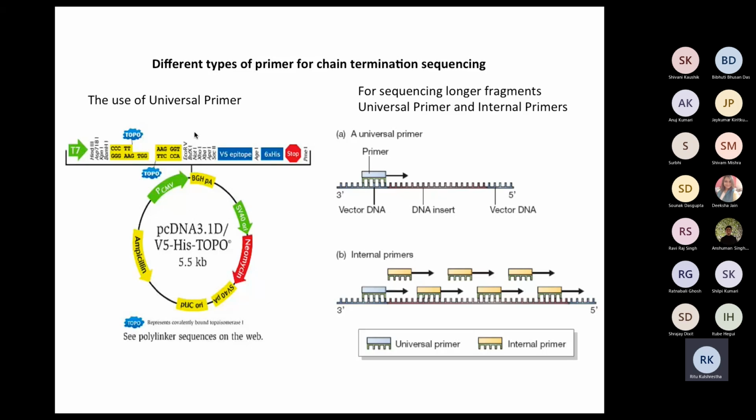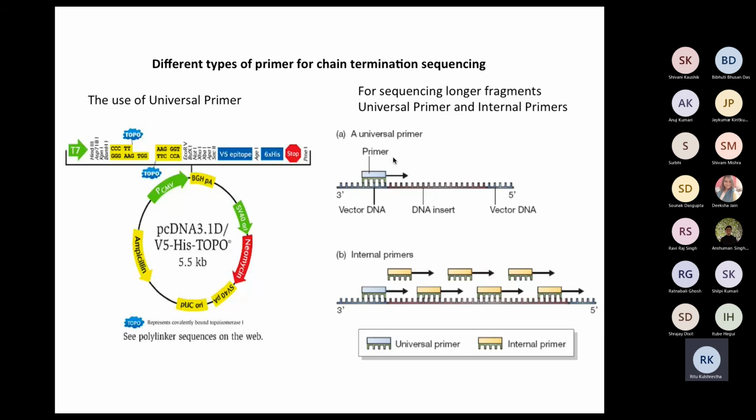Why T7 primer? Because this commercial vector that I used does have a T7 binding site, a T7 sequence in there. So this universal primer from the company can be used to sequence all of your 10 different products. So that is a simple advantage of having a universal primer site.